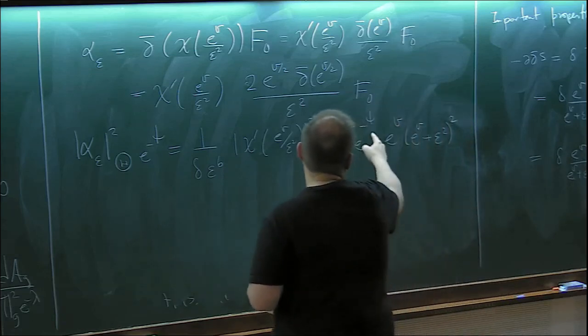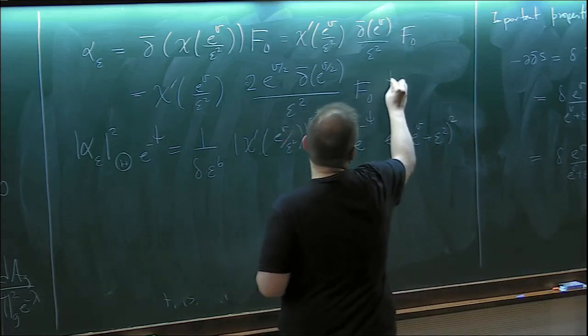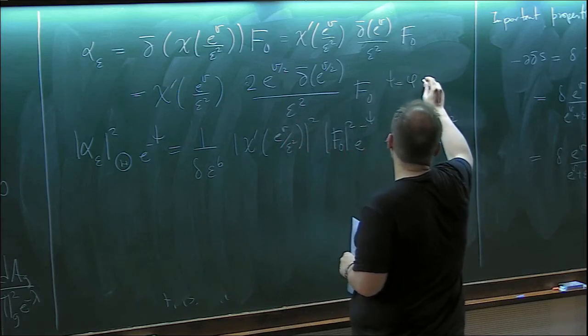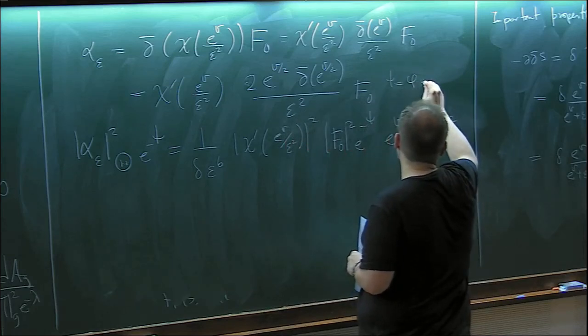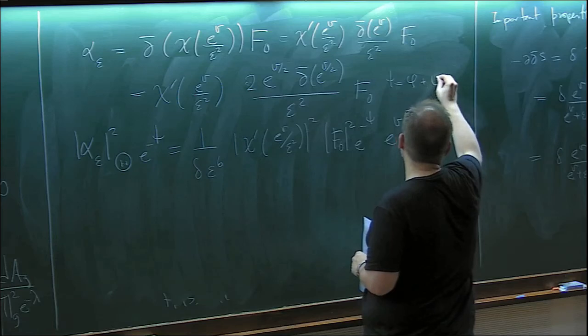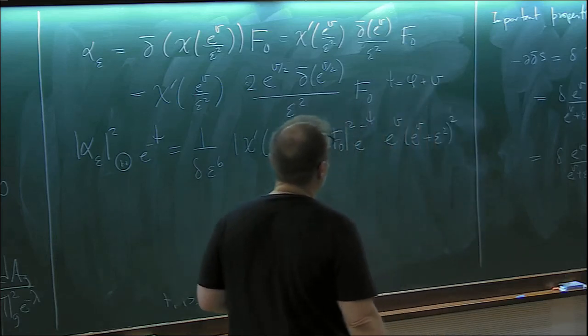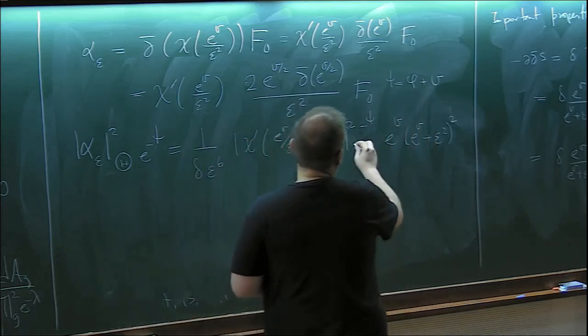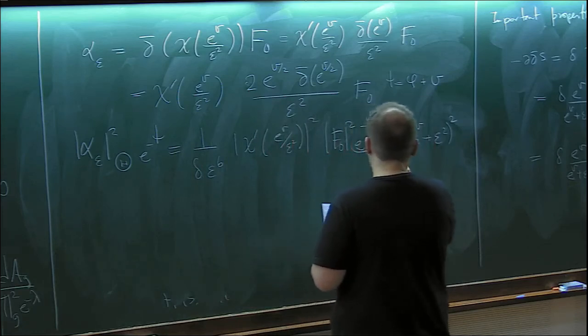Now remember this psi was phi plus log mod t squared e to the lambda, so phi plus v. So this term here is just e to the minus phi.